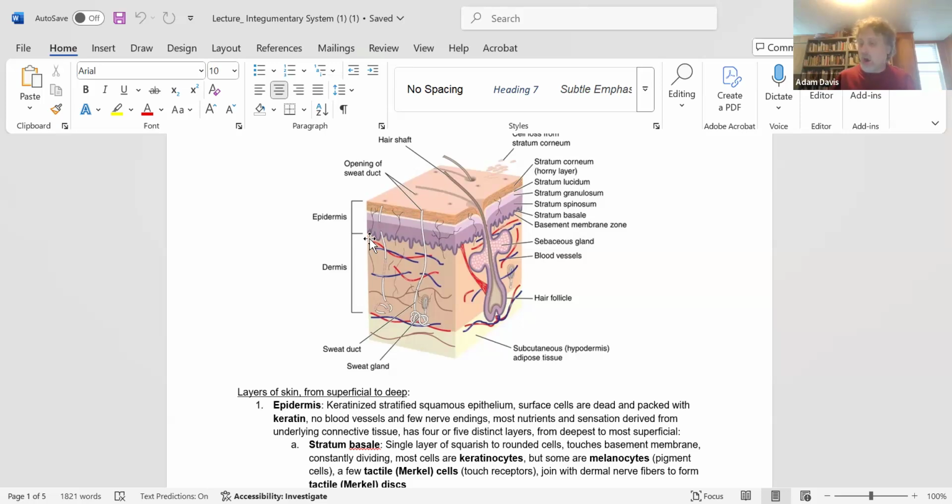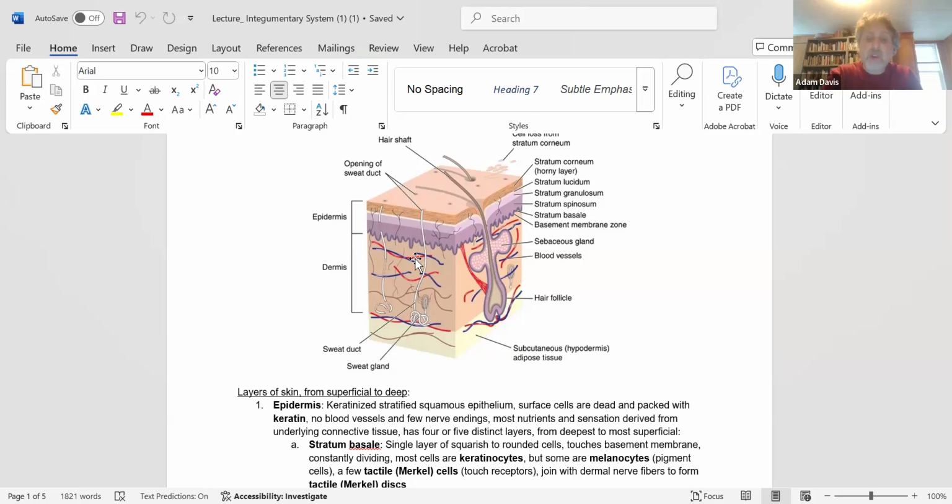And if you remember our discussion of different tissue types that we had before, areolar connective tissue, connective tissue proper, is the connective tissue that we find immediately underneath most epithelial tissues. So it's not at all surprising that what you find right here is areolar connective tissue. It binds the epidermis in place. It contains lots of nerve endings to provide sensation to the skin.